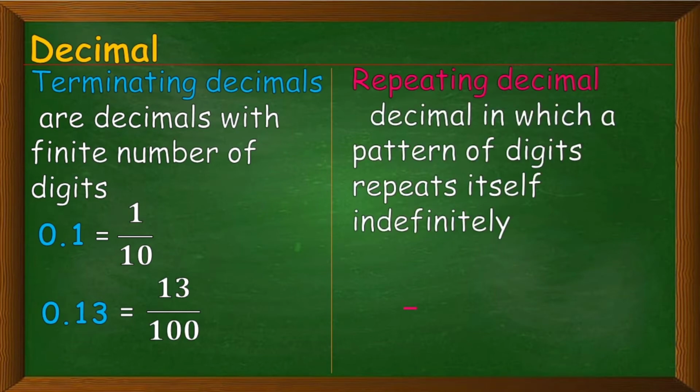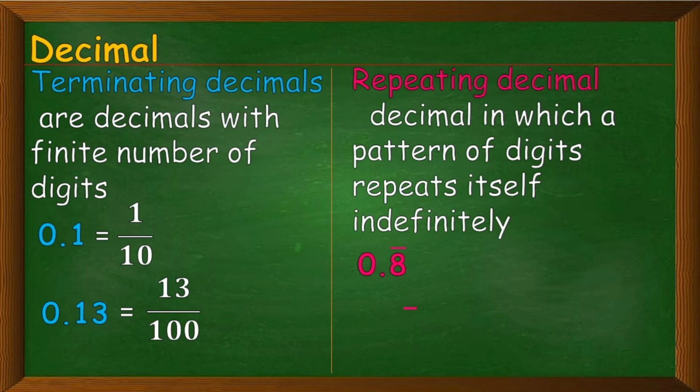Next example is repeating decimal. Example, you have 0.8 with a line at the top of 8. We call that a vinculum, which means 8 is repeated indefinitely.